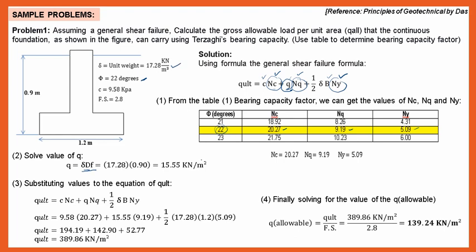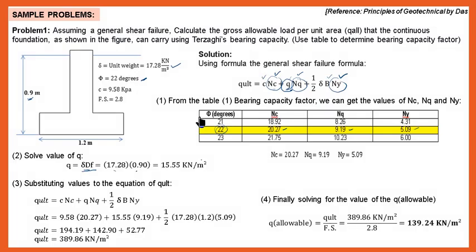Given the unit weight of our soil, which is 17.28, and given our dF, the distance from the surface to the bottom of our footing, which is 0.9, that is equal to 15.55 kilonewton per meter squared. Okay, so we now have everything, right?